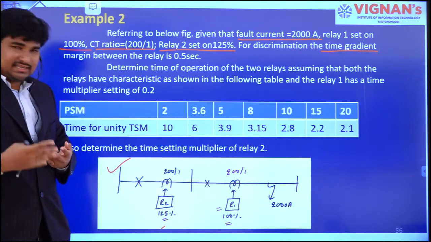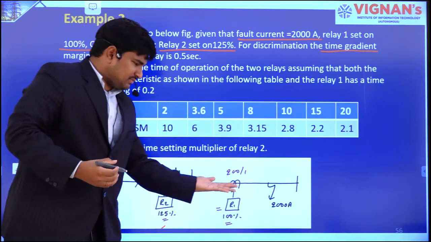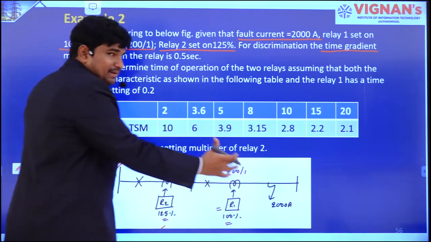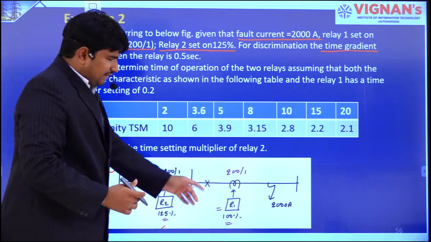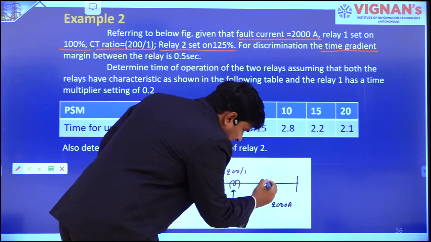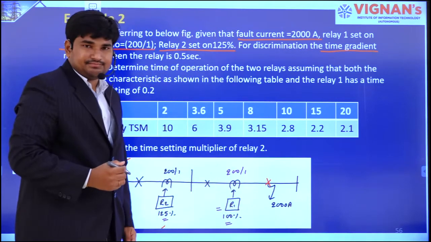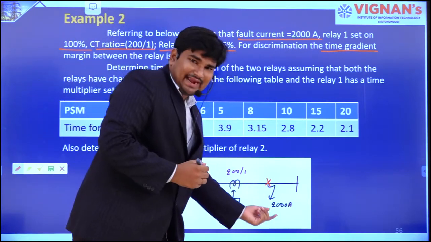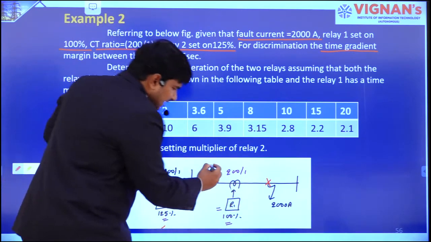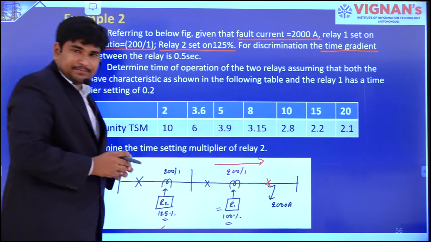What is a time gradient? For example, this is the power system network. I have a 3 bus system. For example, the fault occurs at this location. Because the fault occurs here, the fault current passes like this.